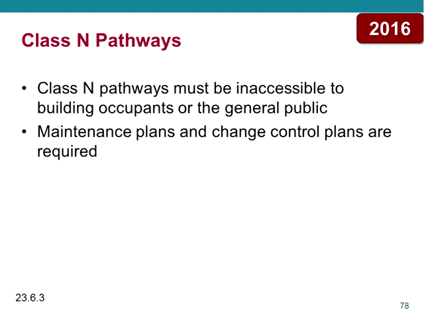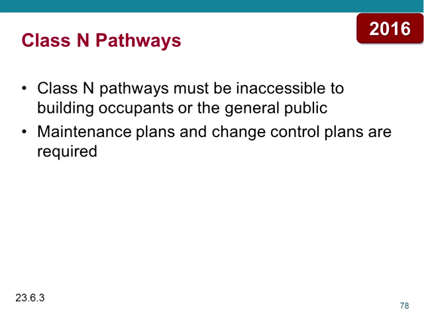Maintenance plans and change control plans are required. So if you are using an Ethernet Class N pathway, you have to have a maintenance plan. Some of the fears, when we were debating this, is that you have people who are not really fire alarm people who might be maintaining the circuit. And that's a valid issue to raise. And that's why this requirement got put in the code.